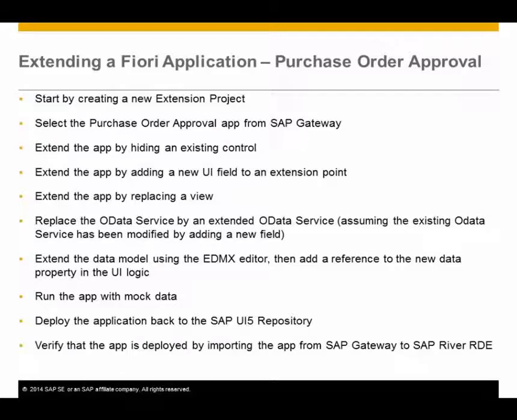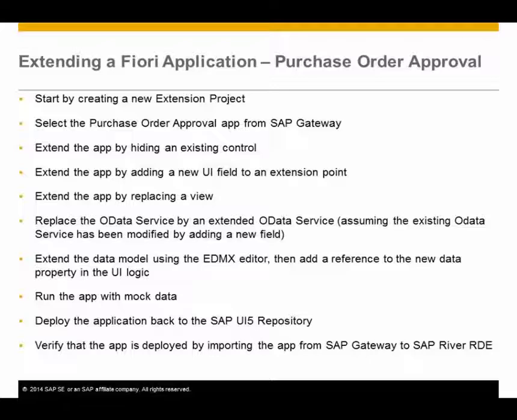We have added a new UI field to an extension point. We have replaced a view and added some additional controls in the view. Then we have replaced the OData service by using another OData service. In fact, a service that has extended the standard OData service by adding one field.